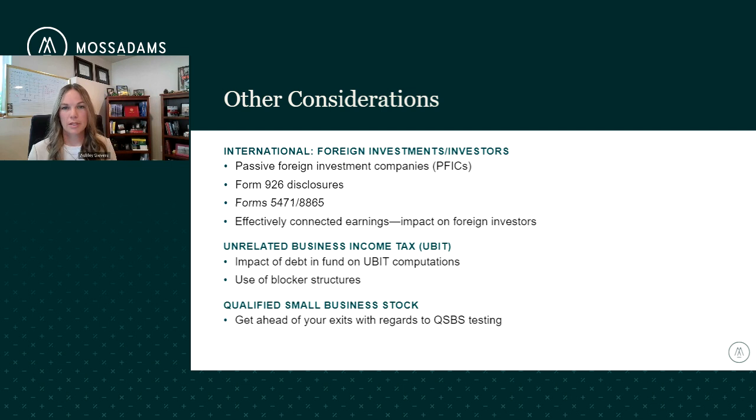For unrelated business income tax, if you have debt and you use it to purchase investments, it probably creates a UBIT issue for your tax-exempt partners. Even if you have a line of credit that you use for various reasons, you should be mindful of the timing of when you're pulling money from that line of credit and when you're investing cash into investments, because that could unintentionally trip UBIT for your tax-exempt entities.